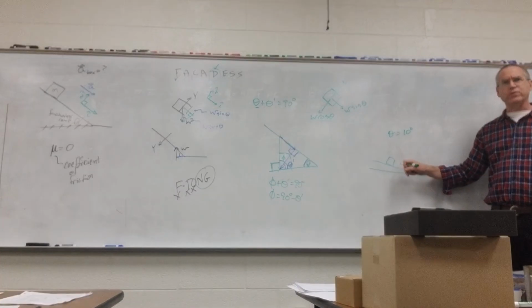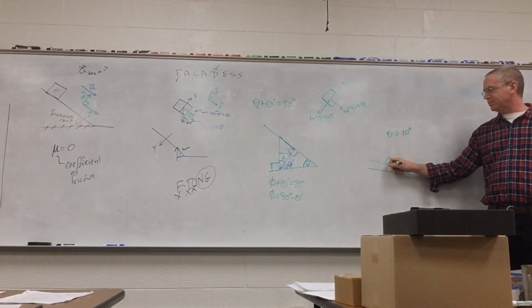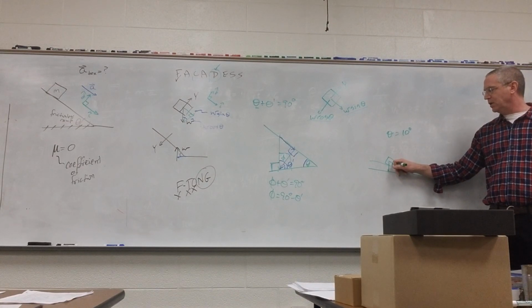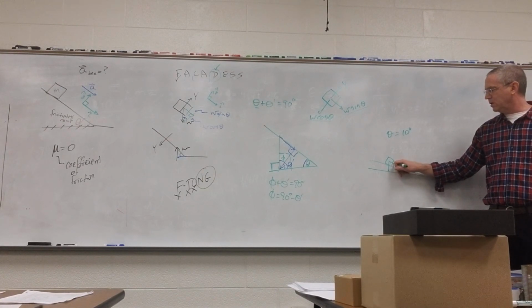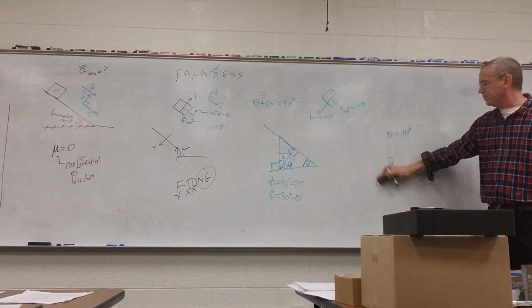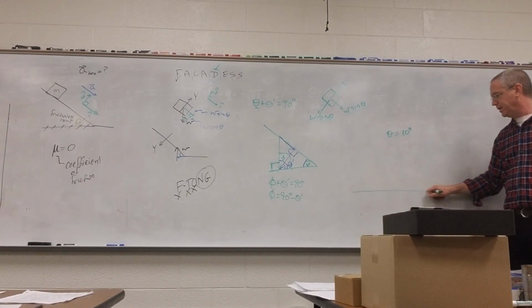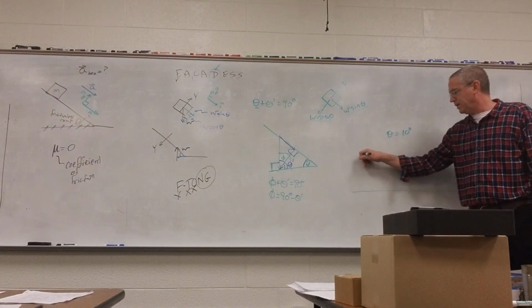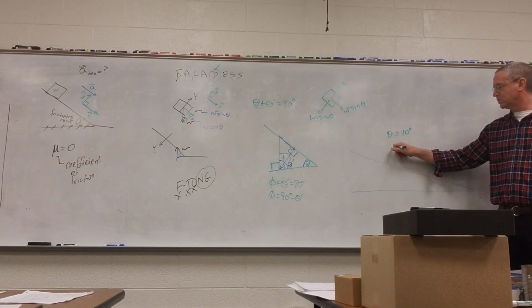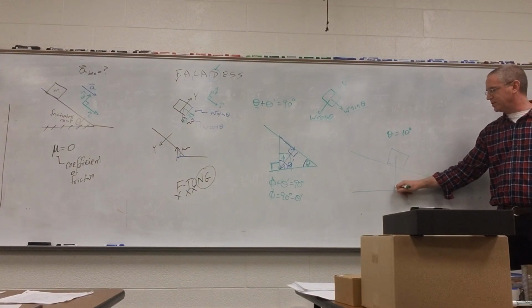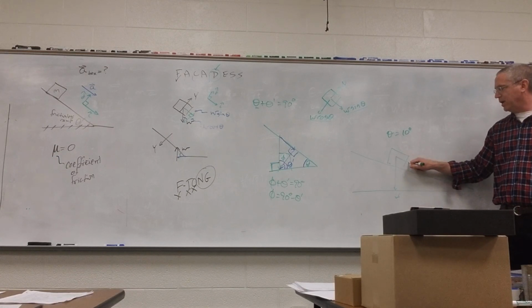Almost all of the force, I have weight acting down, almost all of it is going to be, let's see if I can draw that bigger. My weight is acting down, and I'm breaking it up into components here.